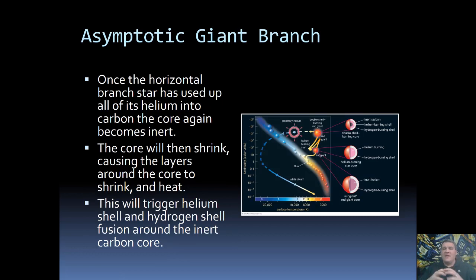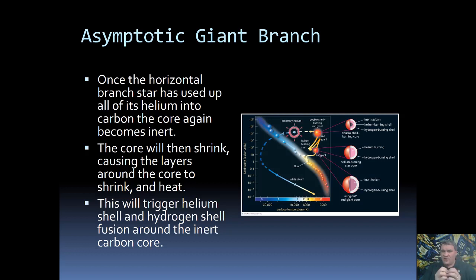When that happens, then there's no longer going to be fusion in the core, so again, the pressure drops and the core begins to shrink. It will again continue to shrink until it reaches electron degeneracy pressure. However, as it shrinks, it is then going to trigger a shell of helium fusion. So we'll have a non-fusing carbon core with a shell of helium fusion and a shell of hydrogen fusion.